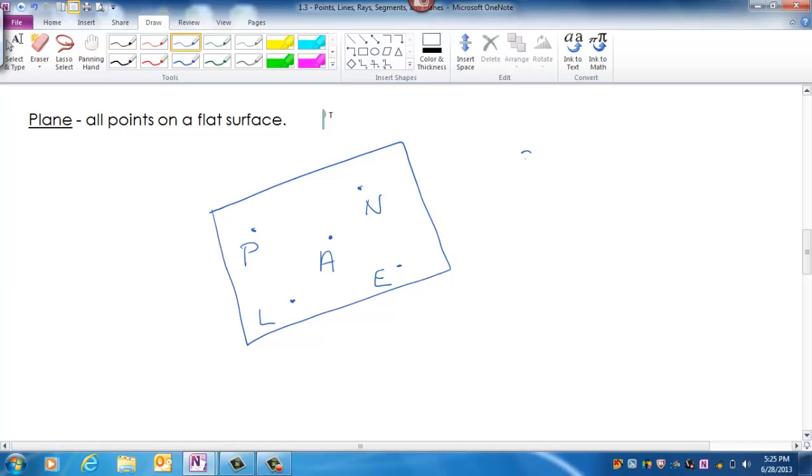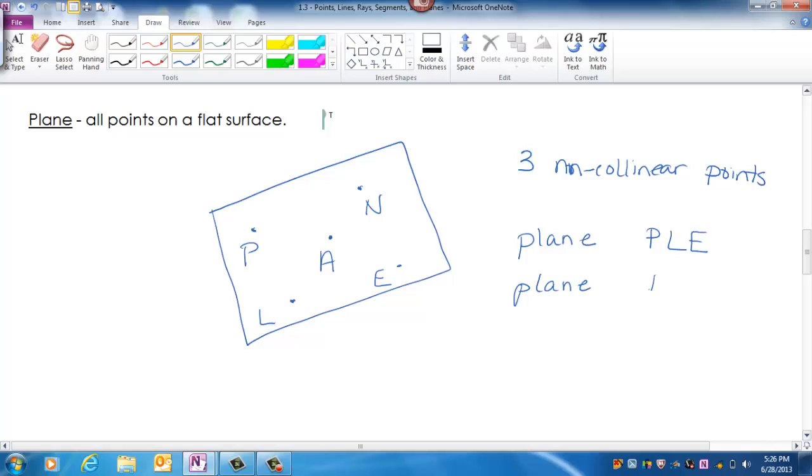To label this plane, you need 3 non-collinear points. So pick any 3 points that are on this plane that are not on the same line. So maybe you could call this plane P, L, E. Or just pick any other 3 points.